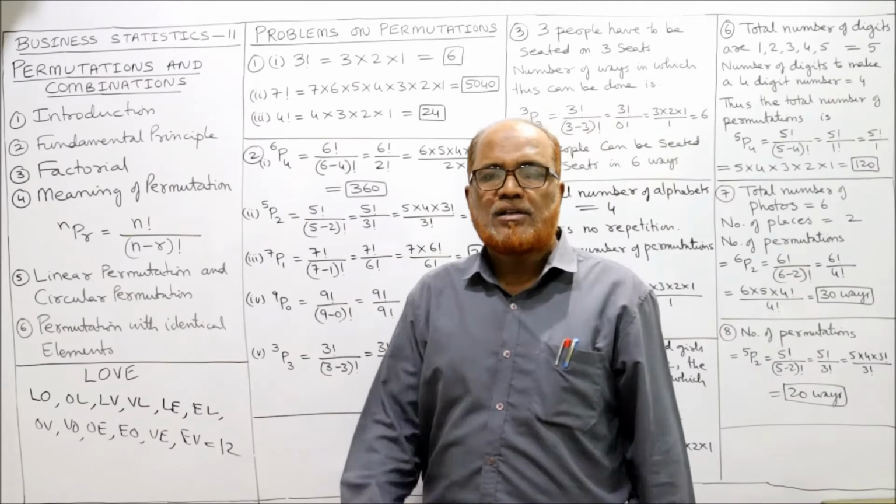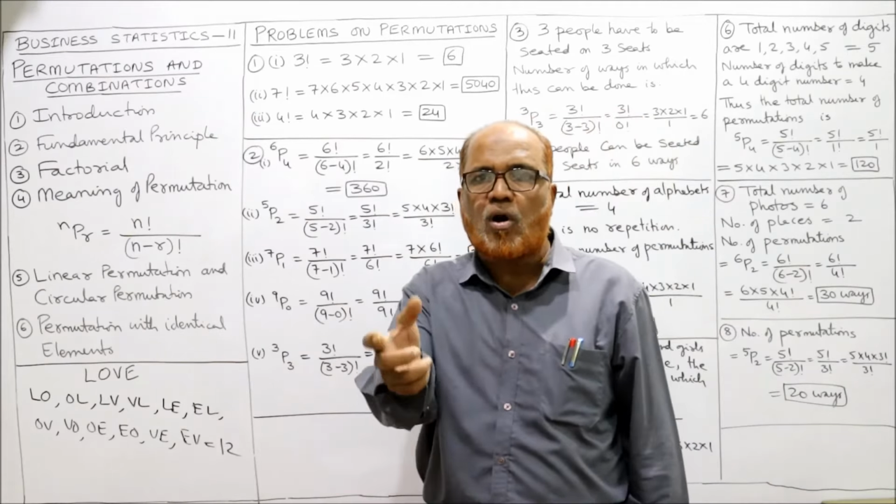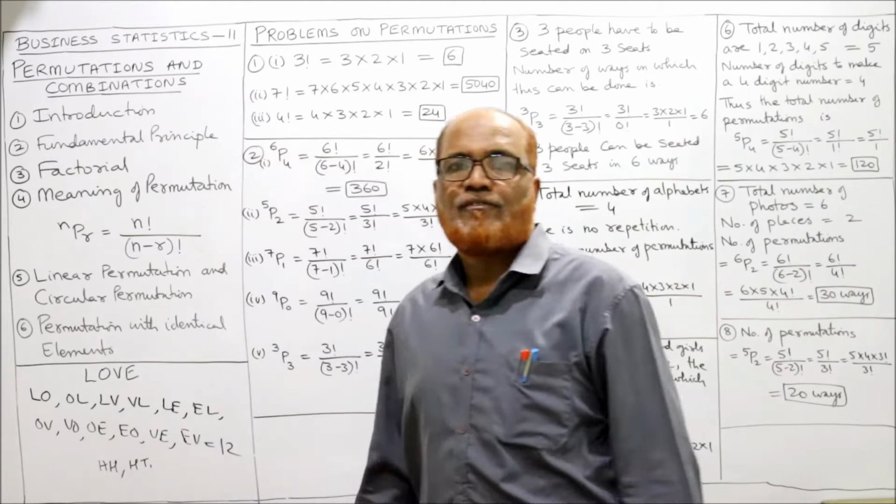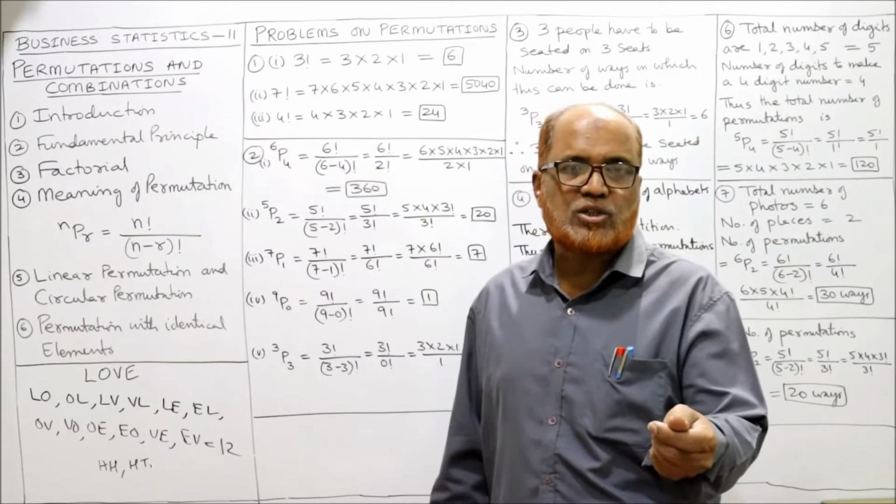Similarly, another example, suppose a coin is tossed 2 times. What are the possible outcomes? The first possibility is first time head, second time head. Second possibility is head, tail: first coin showing head, second coin showing tail.